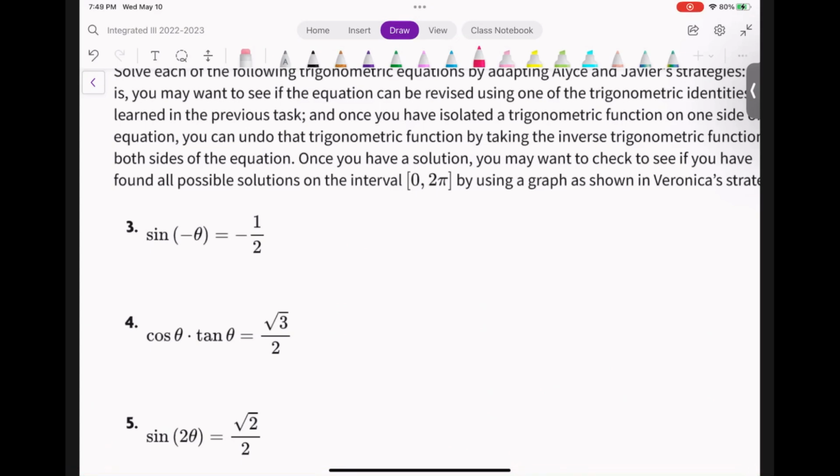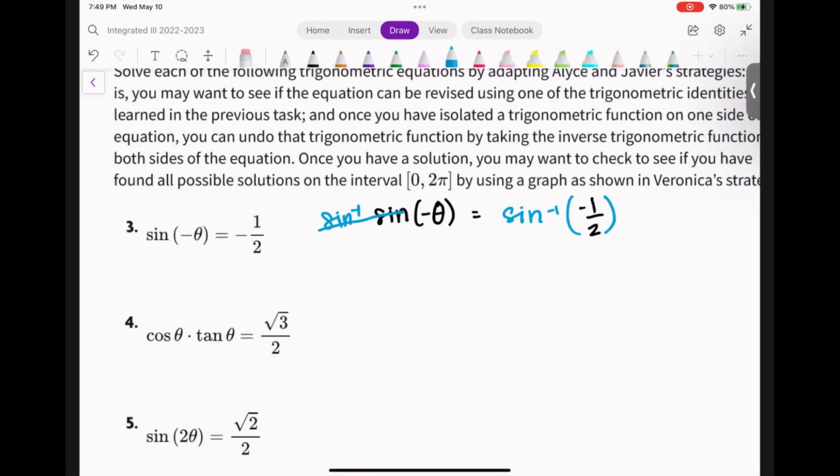So I'll do sine inverse first. I'm just going to take my equation and write sine of negative theta equals, and I'm going to leave a little space so I can squeeze in my inverse sine here. So I'm going to go sine inverse on both sides. And when you do this, notice those two inverse each other out.